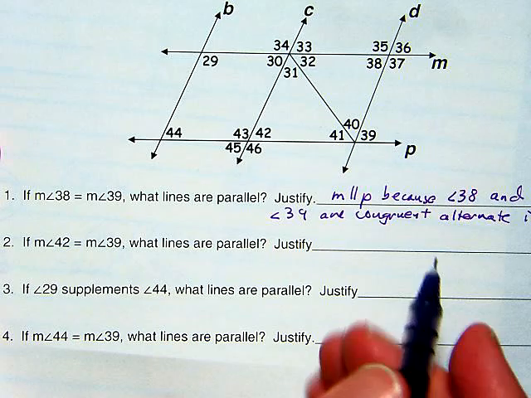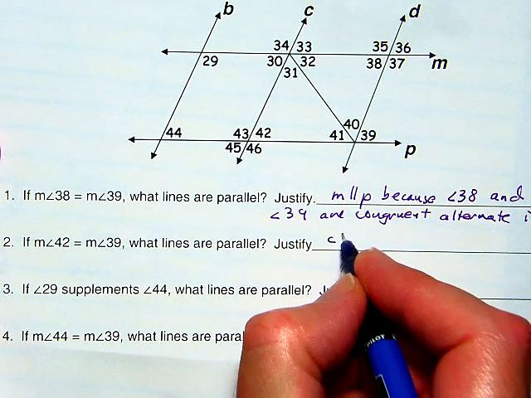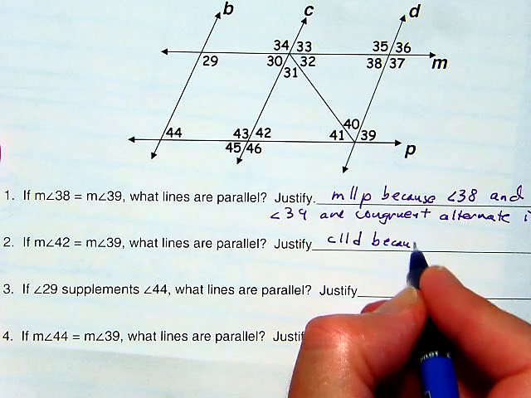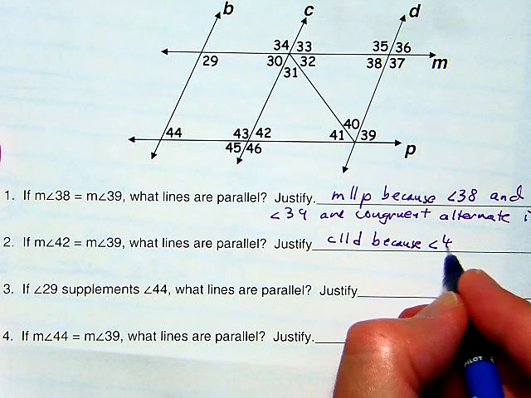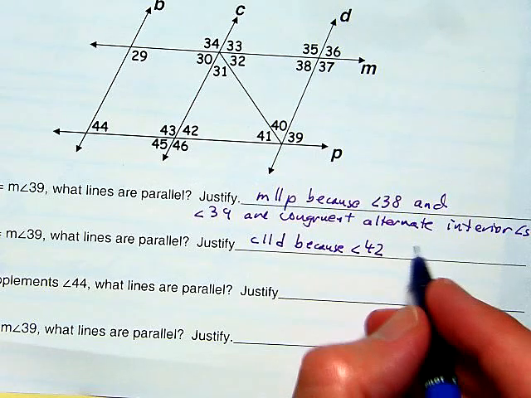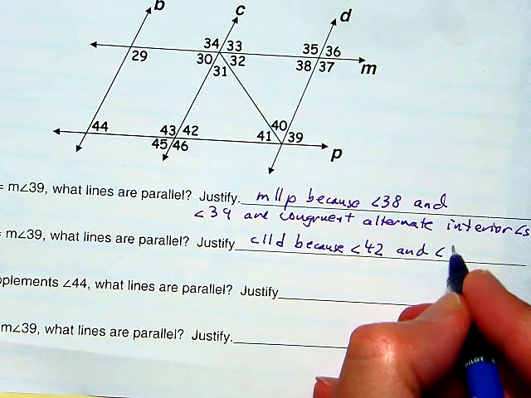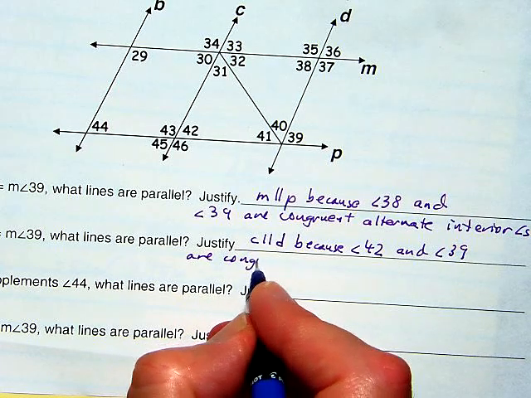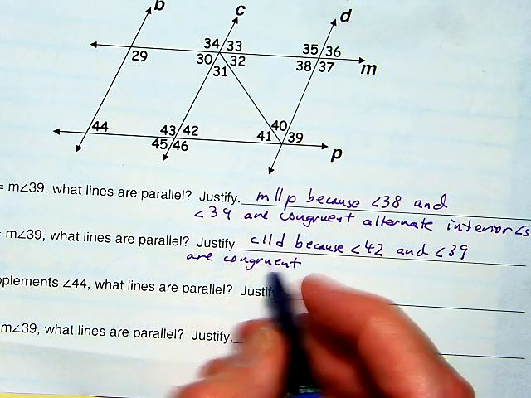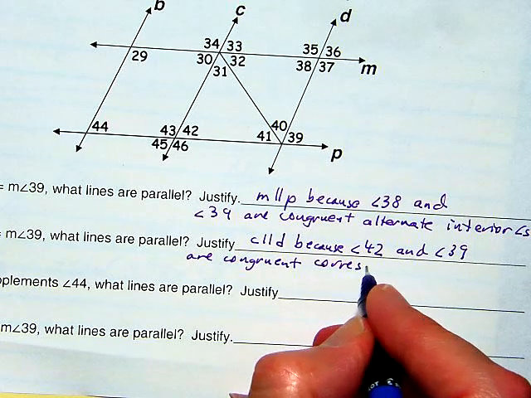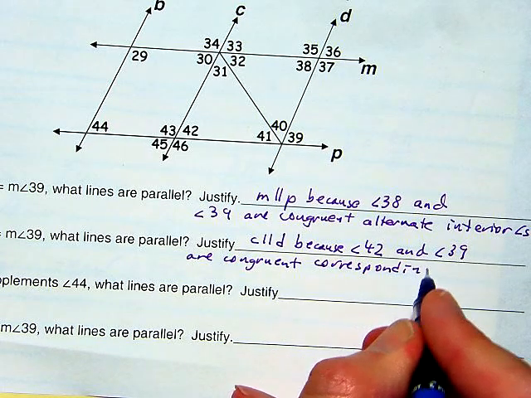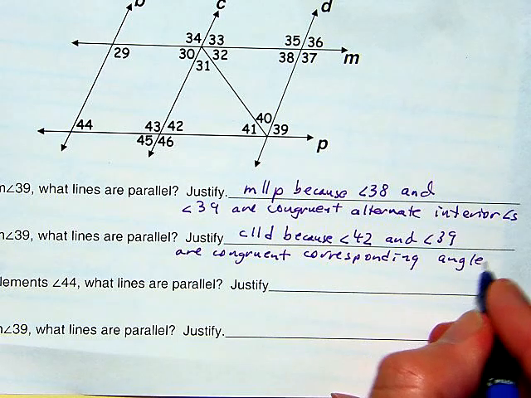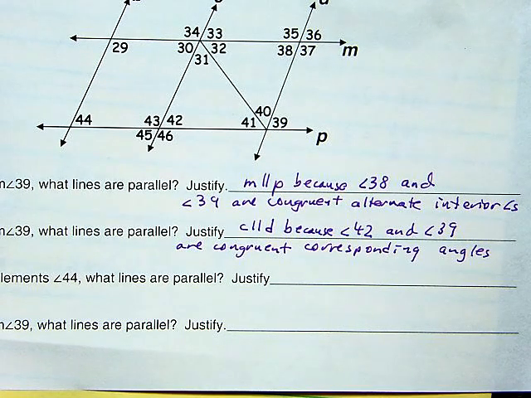So we can say that line C is parallel to line D because angle 42 and angle 39 are congruent corresponding angles. Okay, good.